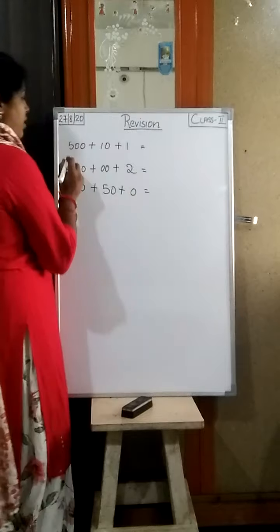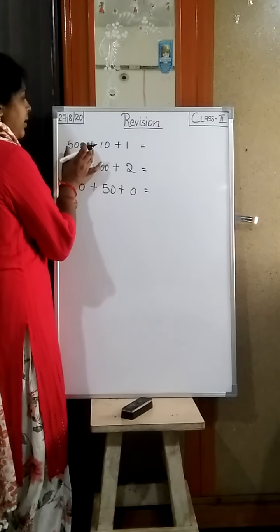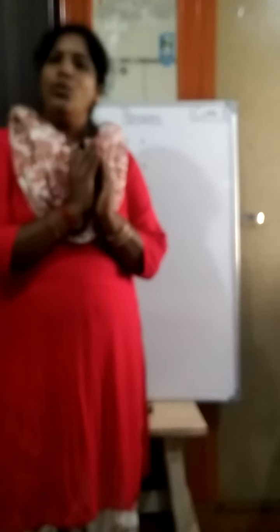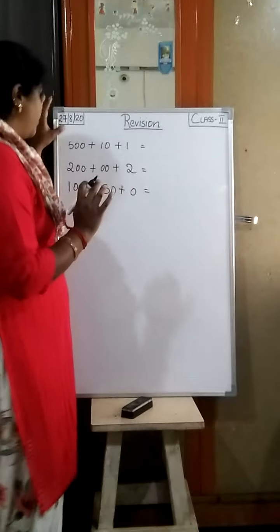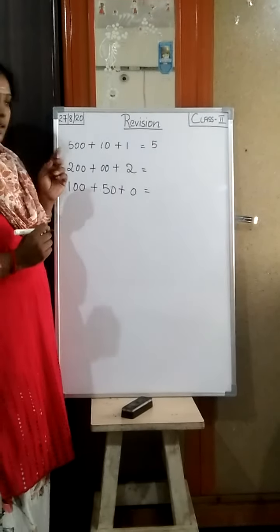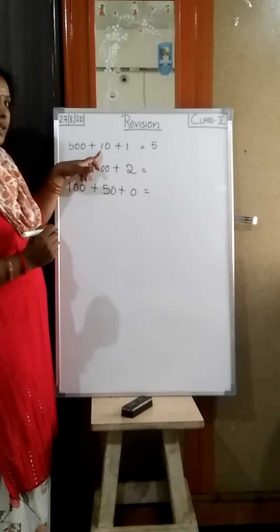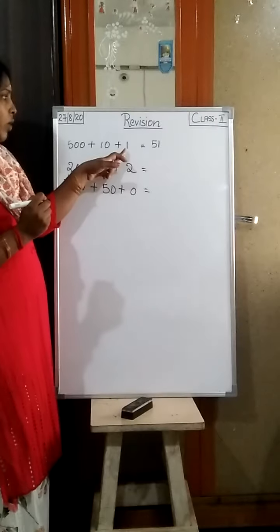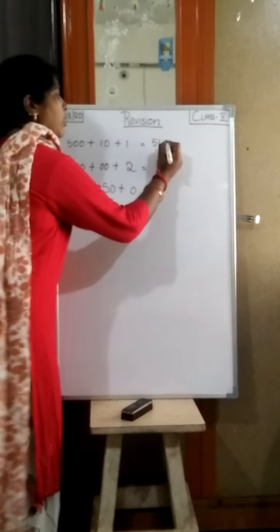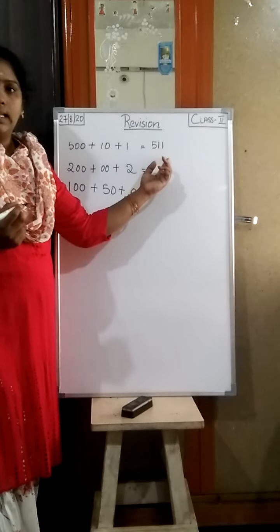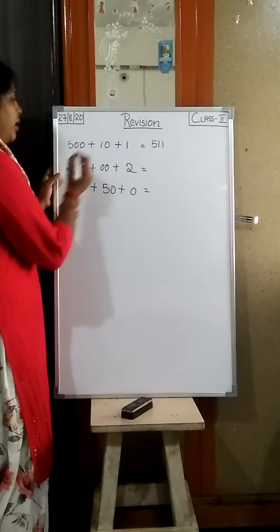Now you have to write only the number that is present, in the short form. No need to expand it. So first we will write 5. Okay children. Next, what number is present here? 1. So write here 1. And what is the next number? 1. So we got 511.